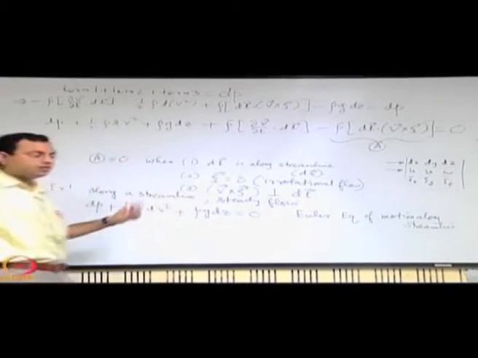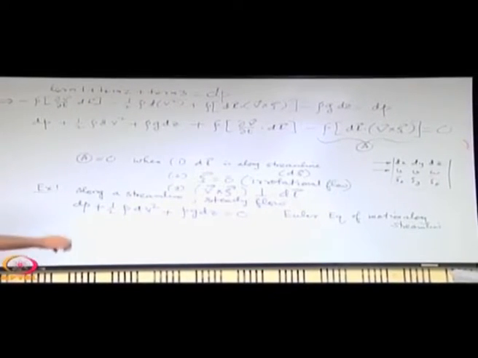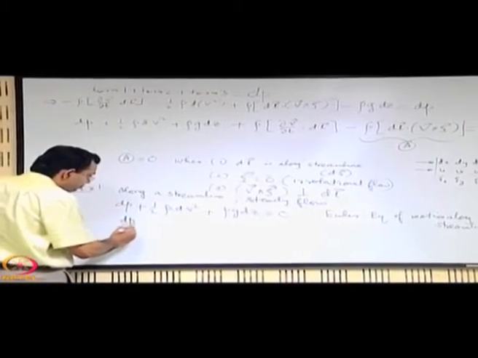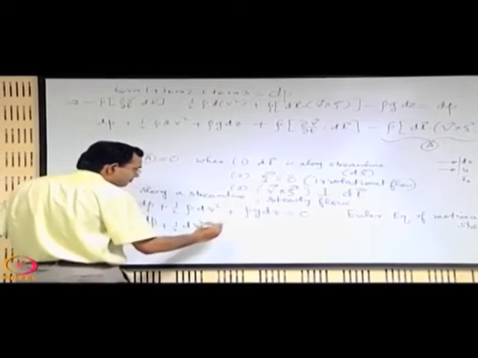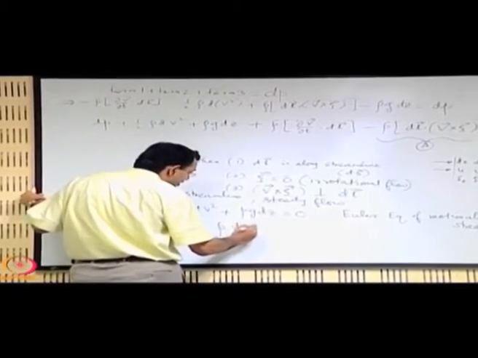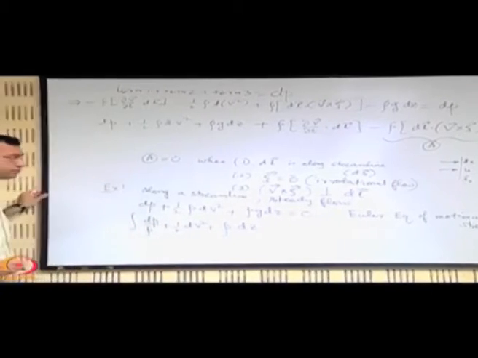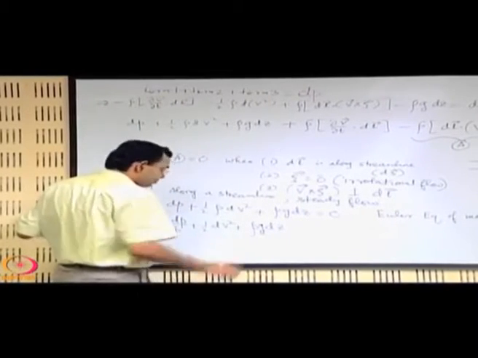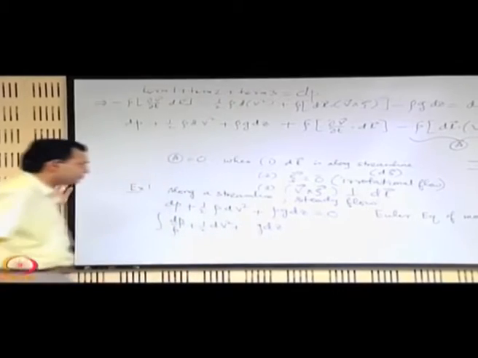So now we are interested to see how the density changes. To do that, let us write it in this form, dp by rho plus half dv square plus g dz, and try to integrate it. The rho will not be there because we have already divided by rho.